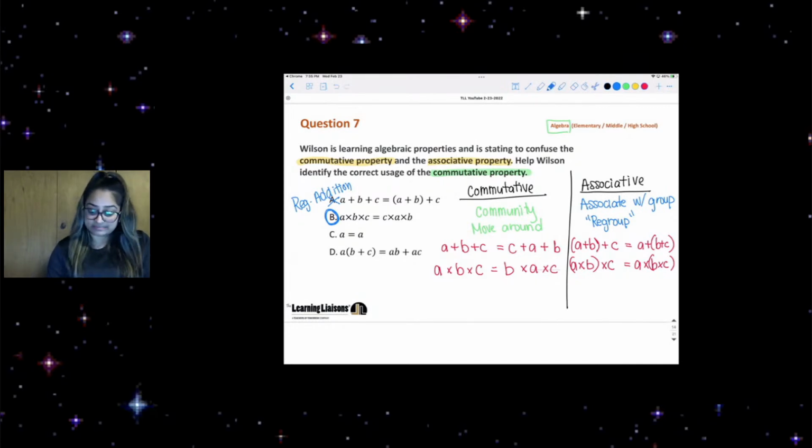C says A is equal to A. Well, that sounds like a property that says the same thing. It's like mirroring something. It's called the reflexive property. And D is telling me A times (B plus C) is equal to AB plus AC.